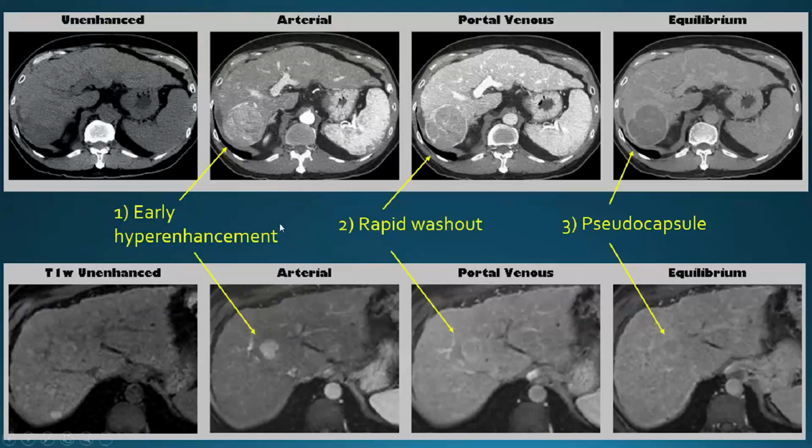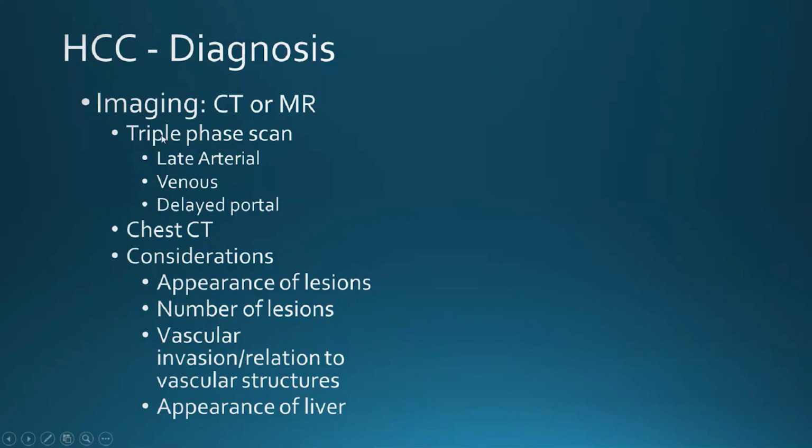So based on this, most centers do not do liver biopsy if they see a picture like this, and even United Network for Organ Sharing, for indication for listing a patient for liver transplant for hepatocellular carcinoma, does not require liver biopsy, and based on CT scan, we can list the patient for transplantation.